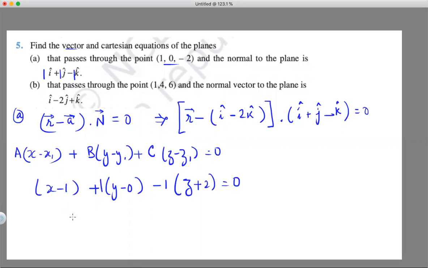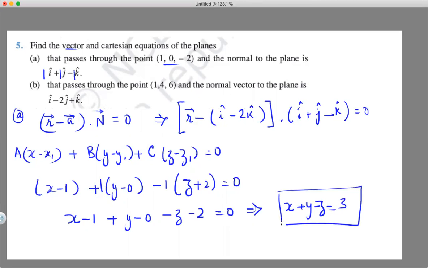Okay, now we can just simplify it. x minus 1 plus y minus 0 minus z minus 2, which is x plus y minus z is equal to, this is our answer.